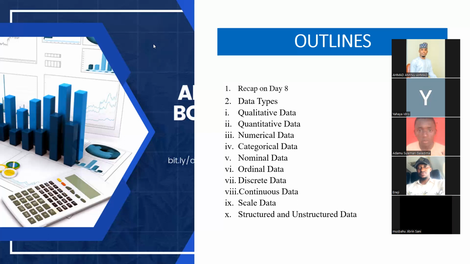So the second thing we are going to talk about is quantitative data. When we say quantitative data, we are talking about data that comes in number, that is numerical data. Some people call it numerical data. By default, you will see the salary of people, height of people, weight of people, and others. Of course, you can sum this data together. Take note, even if qualitative data comes in number, you cannot sum it up.